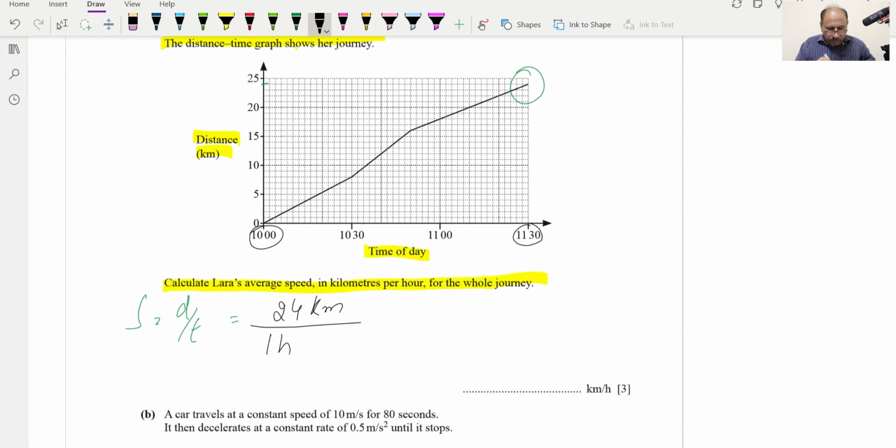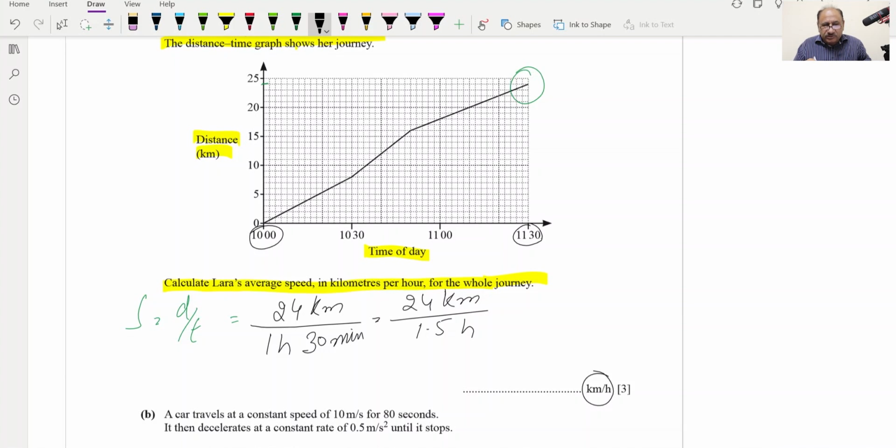The answer required is in kilometers per hour. So kilometers is fine, we'll copy as it is, but hours and minutes we can write 1.5 hours, because 30 minutes is half an hour.